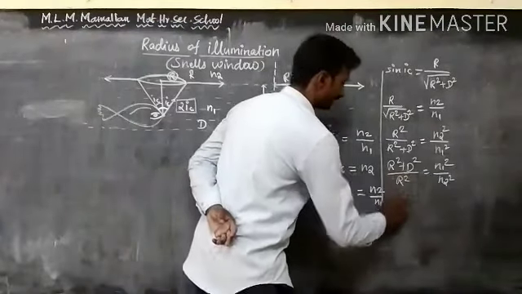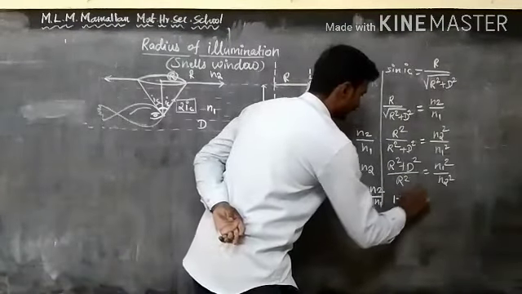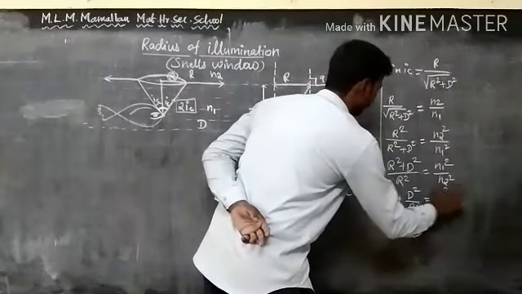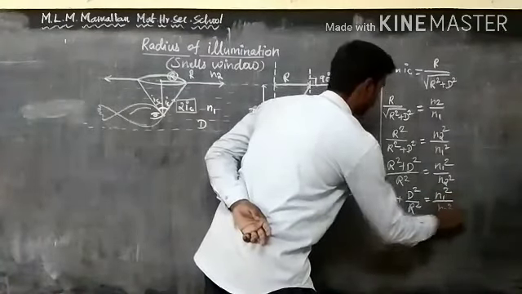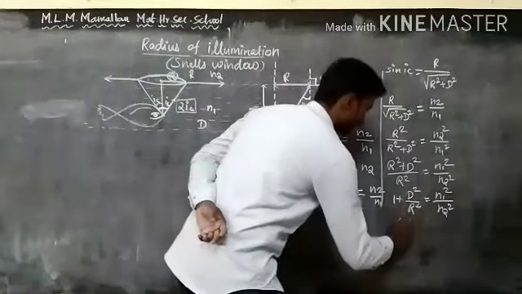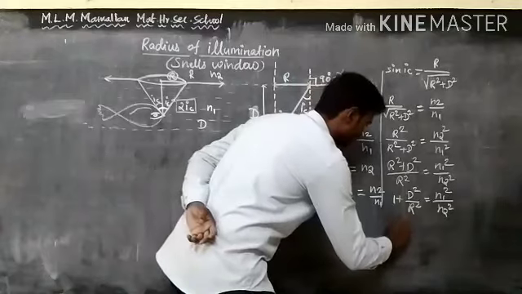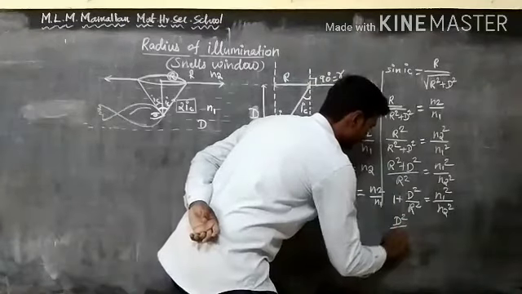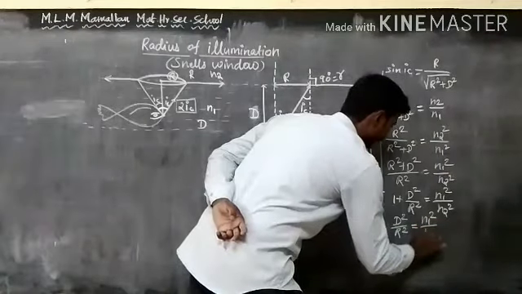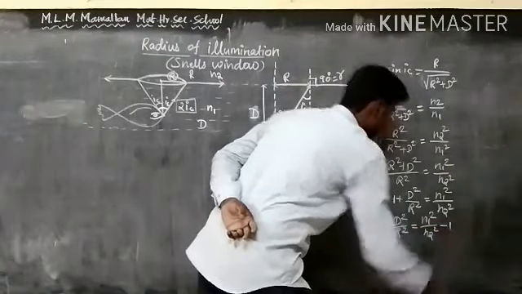I am going to rewrite this equation as 1 plus D square divided by R square equal to N1 square divided by N2 square. Next I am going to rewrite this equation once again: D square by R square is equal to N1 square divided by N2 square minus 1.